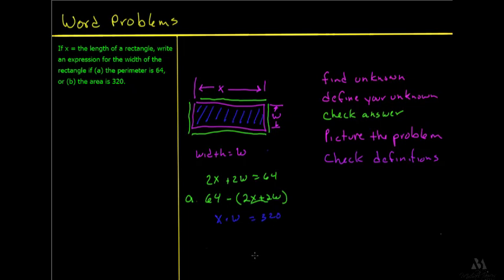Again, they said put it in expression form, so we could do 320 minus xw, and that would be expression form. And so if we knew what x was at any given time, we could calculate for w.